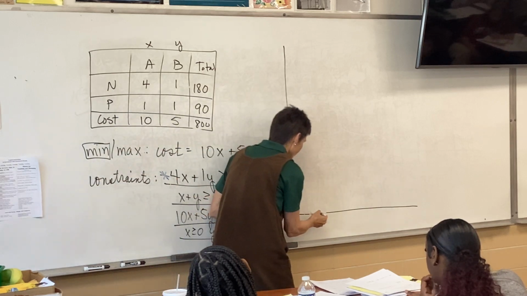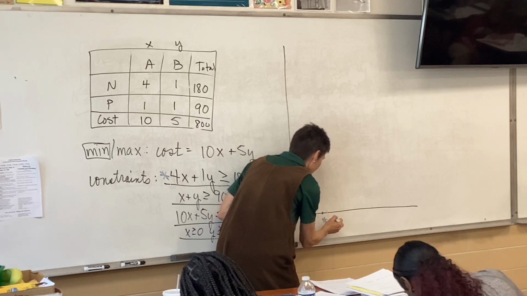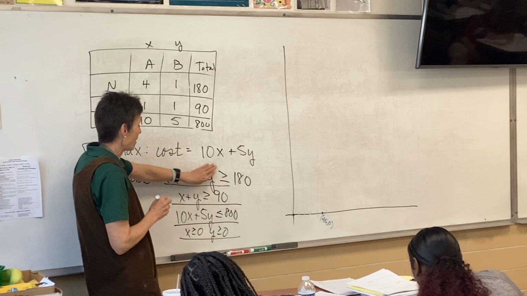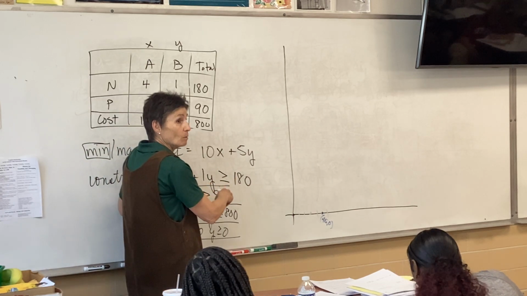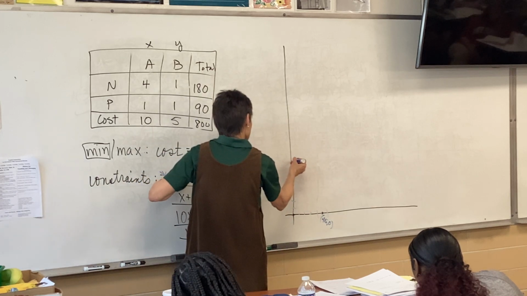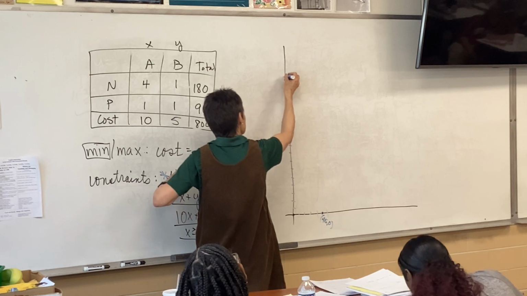So 1, 2, 3, 4, 5. Here is 45, 0. That's the x-intercept for this one. Now, I'm going to cover up X, and Y is going to be 180. So 1, 2, 3, 4, 5, 6, 7, 8, 9, 10, 11, 12, 13, 14, 15, 16, 17, 18.